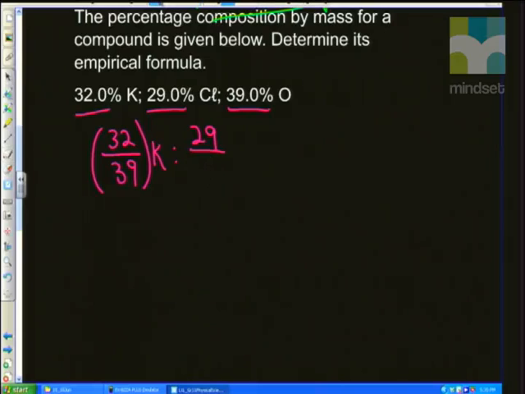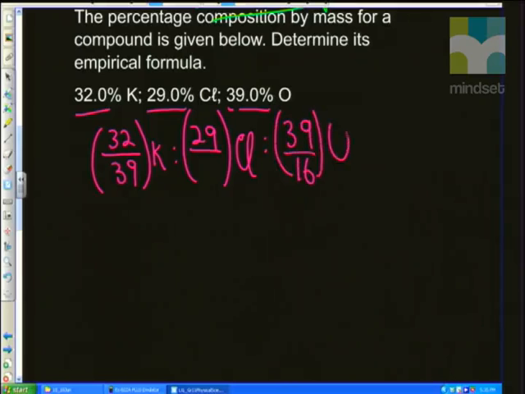I just don't have my periodic table with me quickly. We'll get the chlorine value later on. And then for oxygen, it's 39/16. Okay, and that is oxygen.